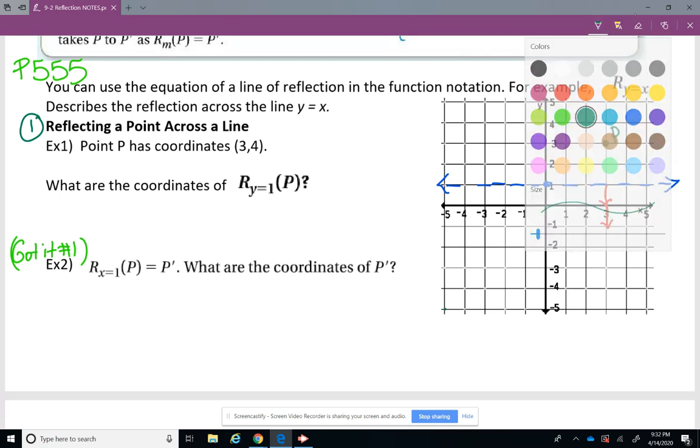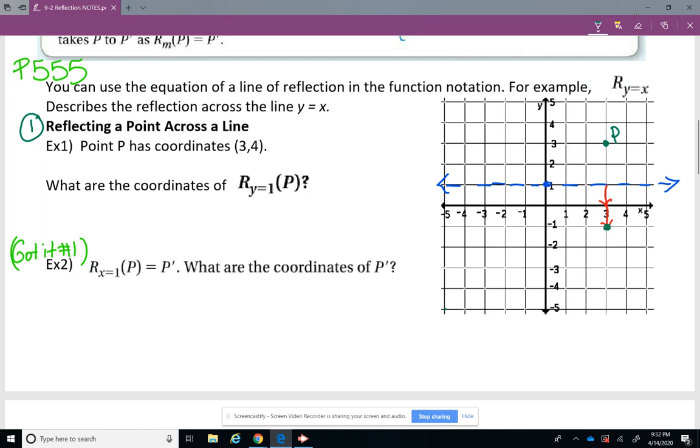All right, I'm going to do this in green. This point right here is P prime. Make sure you can see that little prime mark. Prime. Okay, so I reflected point P over y equals 1, and I got P prime.